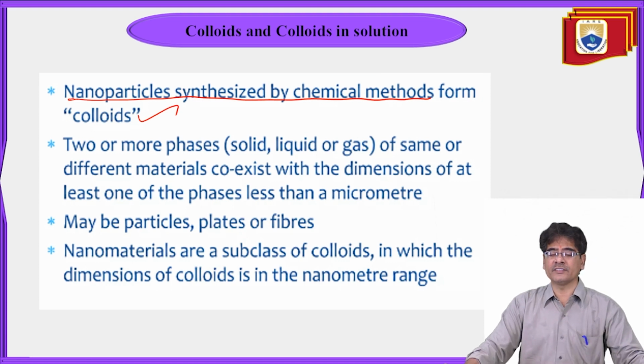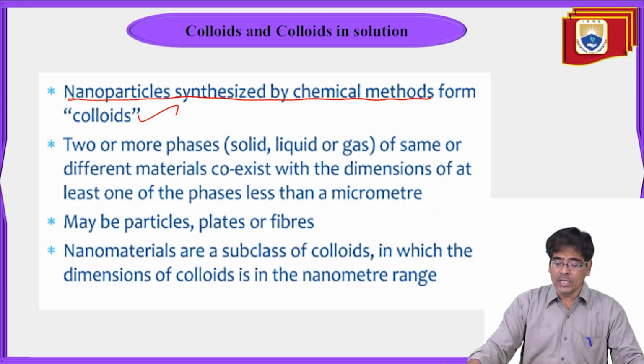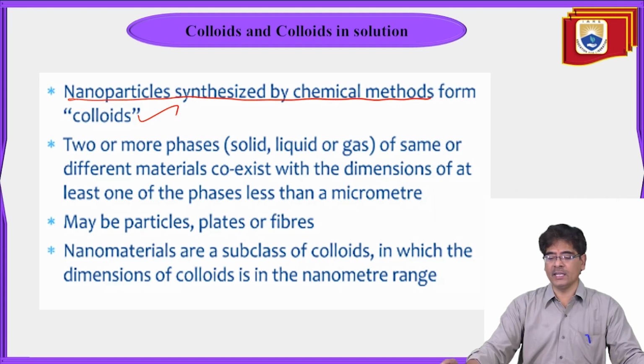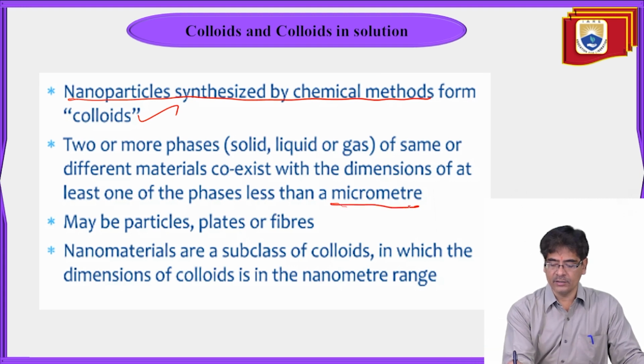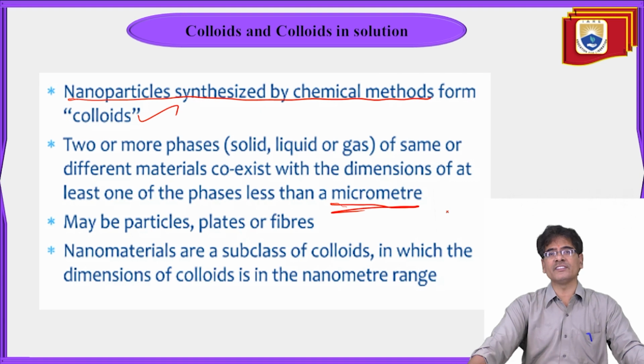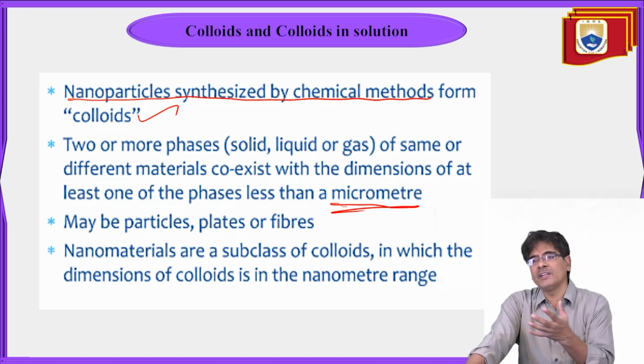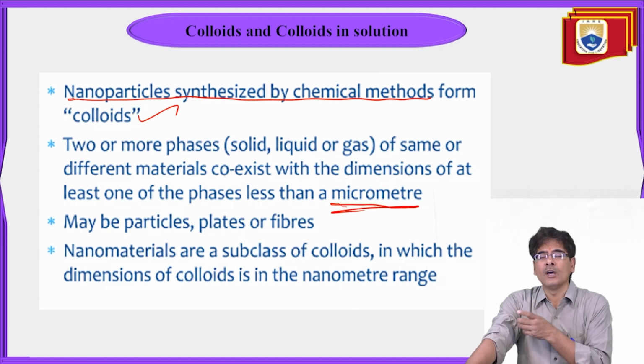Two or more phases like solids, liquids, or gases of the same or different material coexist, with the dimensions of at least one of the phases less than a micrometer.